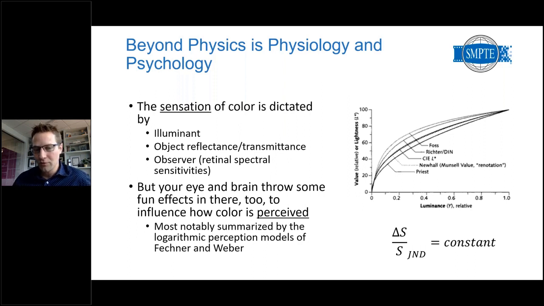It is true that the equations we use to represent that phenomenon are not straight log functions, because Weber and Fechner did a good job of expressing the concept, but there are some slight curve fitting differences. And so the curves we see associated are often also power law curves because they fit the data well. Now, as a trend, a logarithmic function and certain power law functions can be very, very similar.